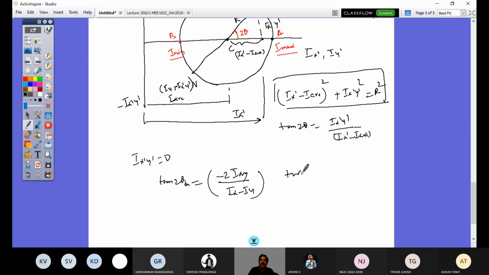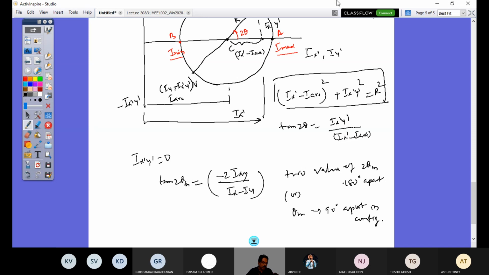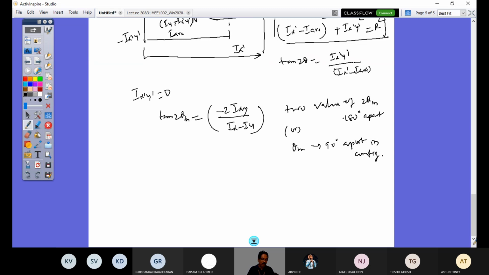I'll get two values of 2 theta m, which are 180 degrees apart, or theta m is 90 degrees apart in the configuration diagram. So principal axes are the ones where you have I max and I minimum and product of inertia 0.